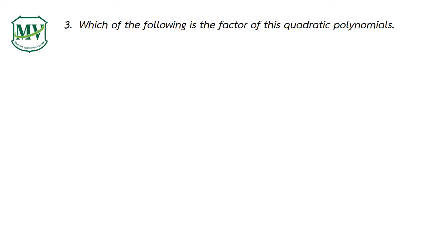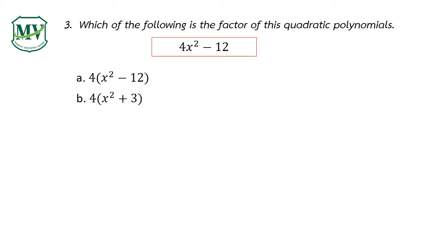Okay, so let's do question number 3. Which of the following is the factorization of this quadratic polynomial? The quadratic polynomial is 4x squared minus 12. The choices: letter A, 4 times the quantity of x squared minus 12. Letter B, 4 times the quantity of x squared plus 3.